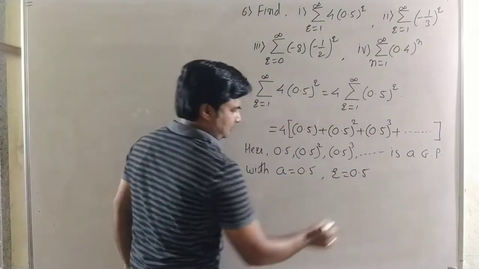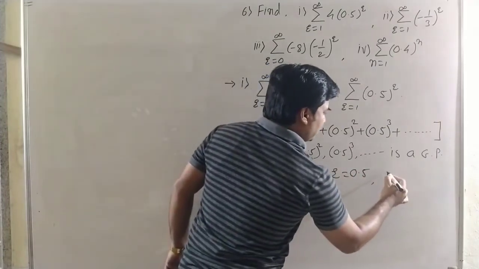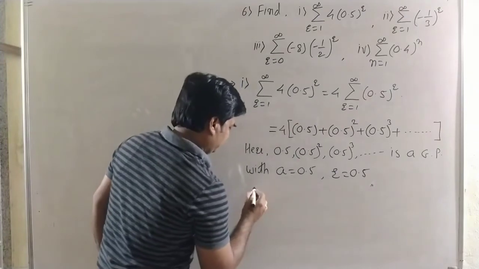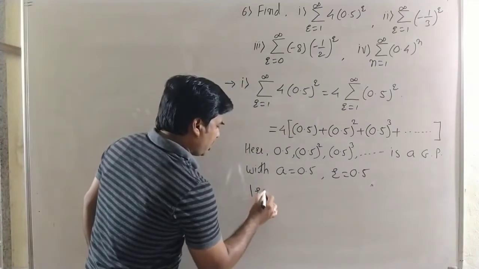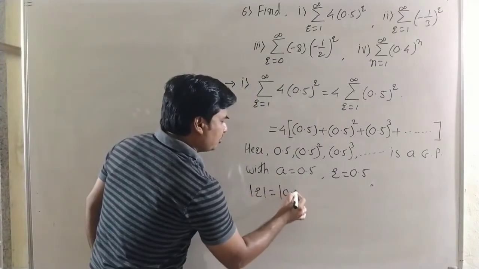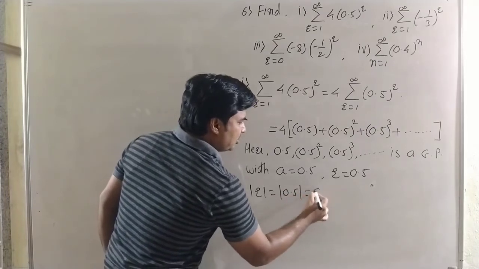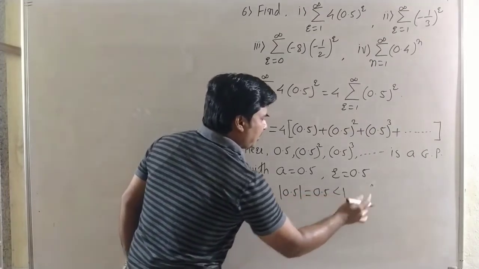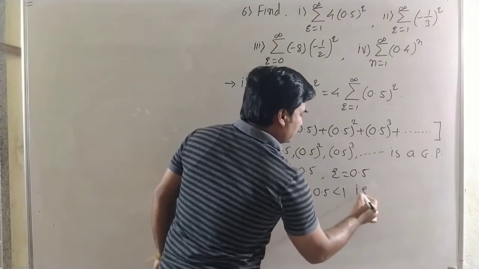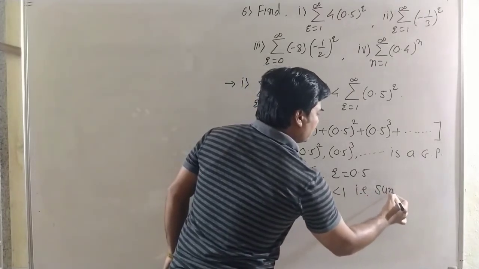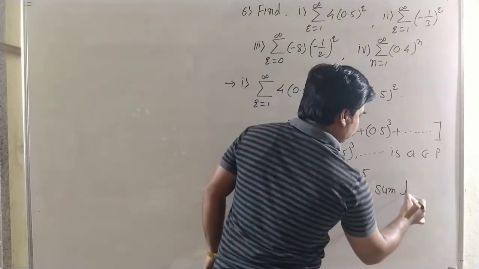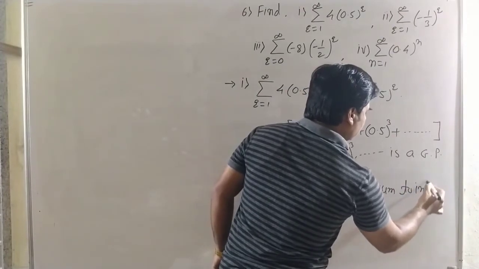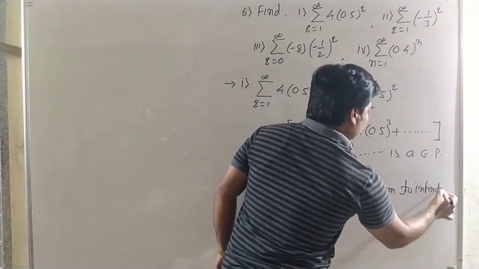Okay, and here mod r, we can write mod of 0.5, it is 0.5 which is less than 1, so the sum to infinity exists.